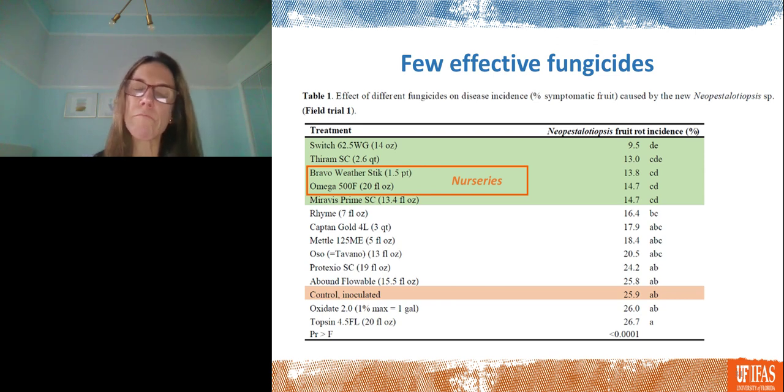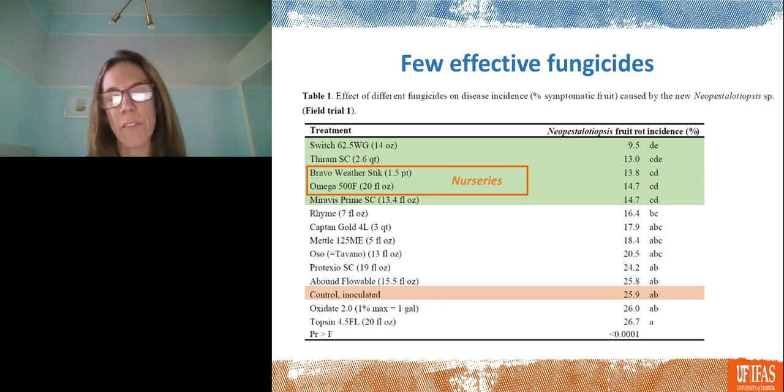I wouldn't say they're highly effective, but they do suppress the disease to some extent. The best ones were Switch and Tyrum, as well as Miravis Prime. Everything you see in the green box means it's significantly better than the control, which is the red box towards the bottom.